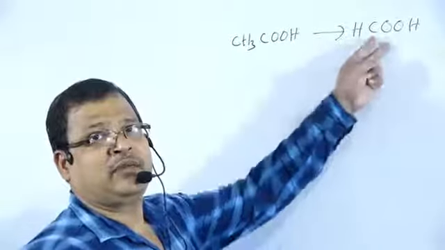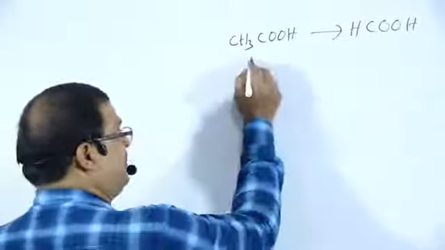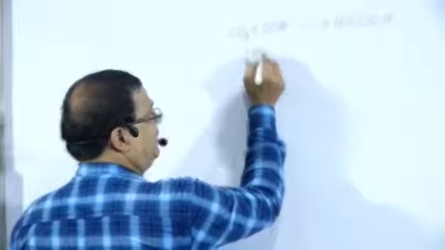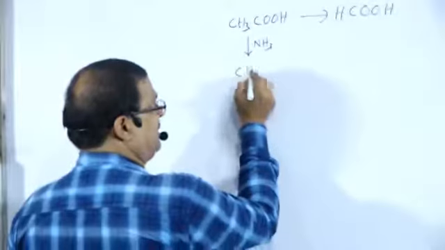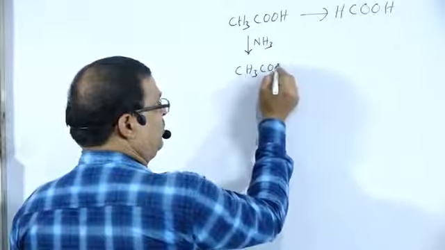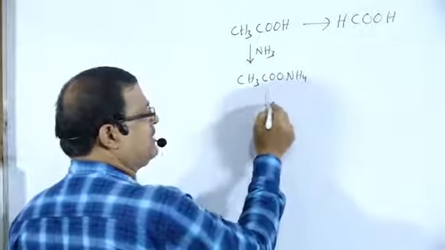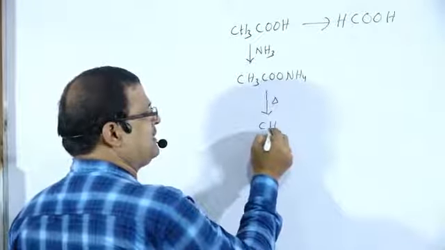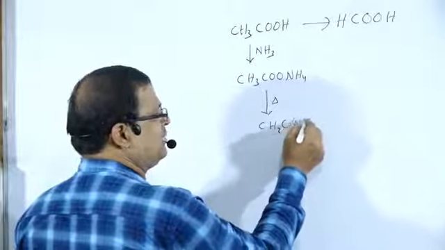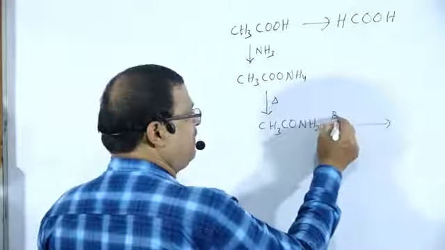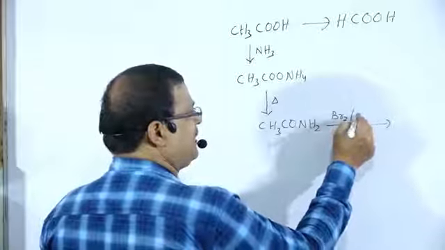This compound is treated with ammonia to form CH3COONH4, ammonium acetate, which is heated to form acetamide CH3CONH2. Then comes one of the specific reactions, Hofmann's bromamide reaction, Br2 and KOH.